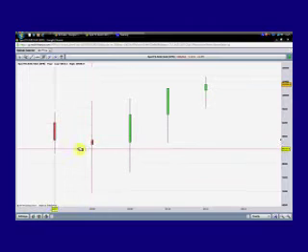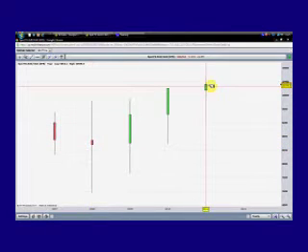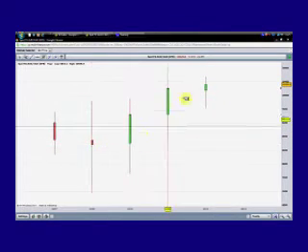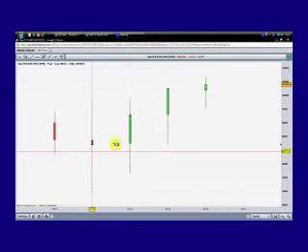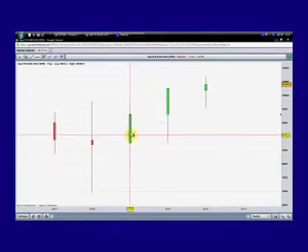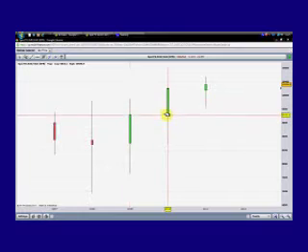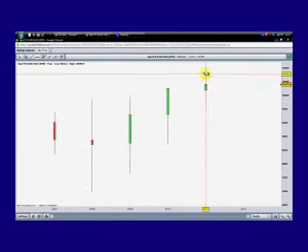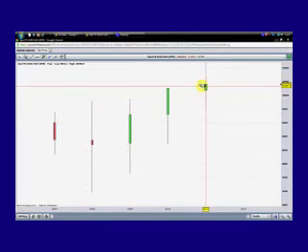This is the yearly chart of the Australian dollar, Canadian dollar currency pair. As you can see, 2009 the price was bullish, 2010 bullish, and this year bullish, and then pushed back down. We are in the overbought zone.